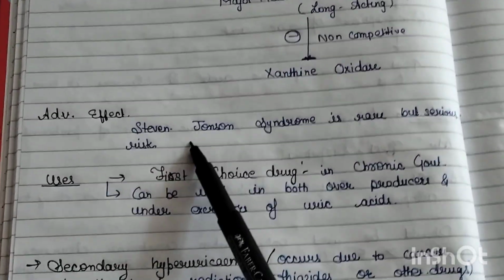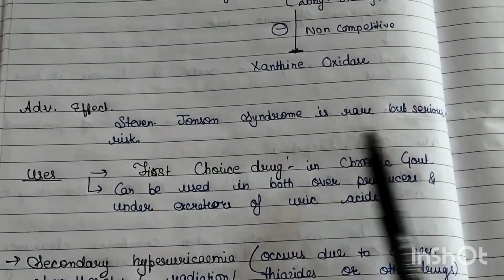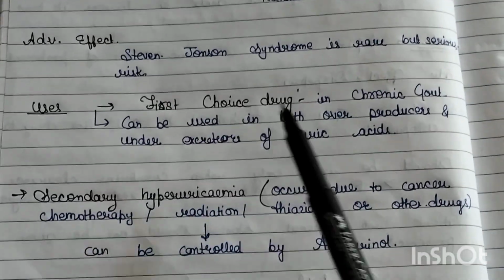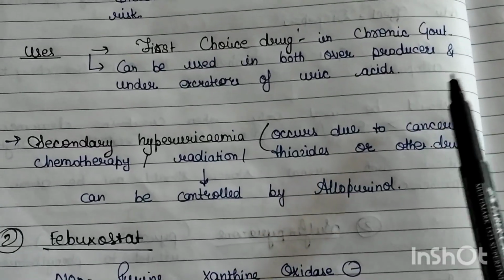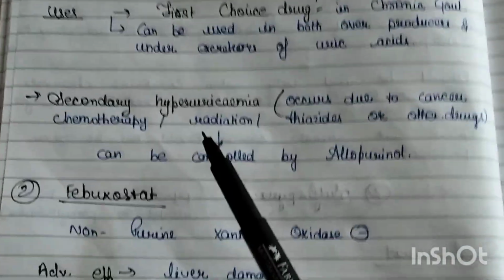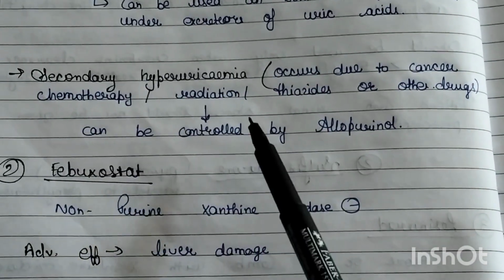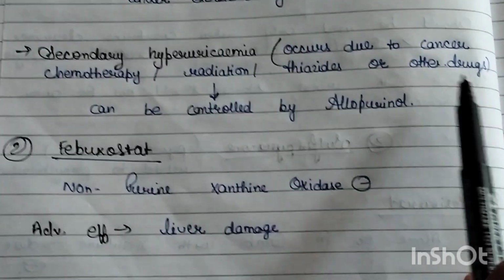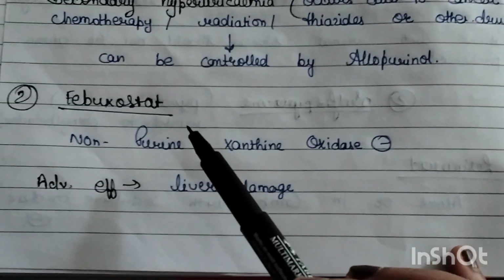The adverse effect is Stevens-Johnson syndrome, which is rare but a very serious risk. It is the first choice drug in chronic gout and can be used in both overproducers and underexcretors of uric acid. Secondary hyperuricemia occurs due to cancer chemotherapy, radiation, and thiazides or other drugs and can be controlled by allopurinol.